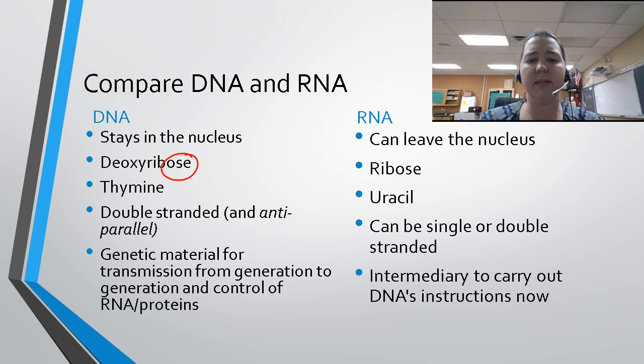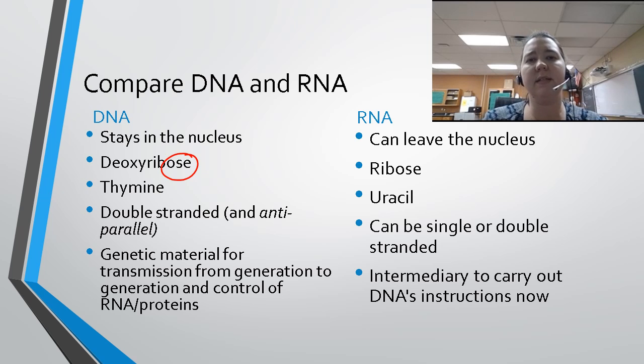Okay, genetic material that your cells take and turn into your RNA and your proteins. Okay, RNA can leave the nucleus. Ribose sugar, uracil, usually is single-stranded, but it can be double-stranded.